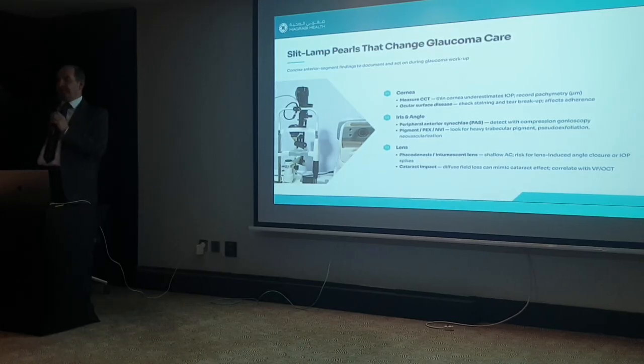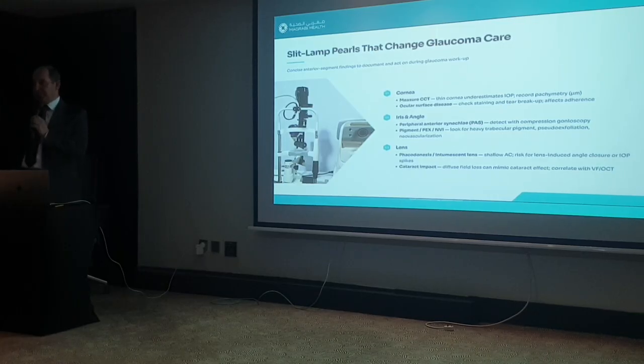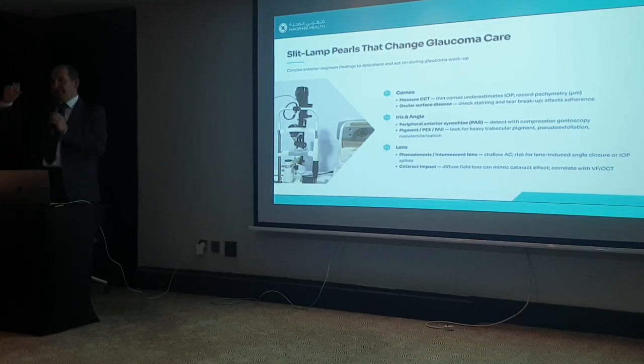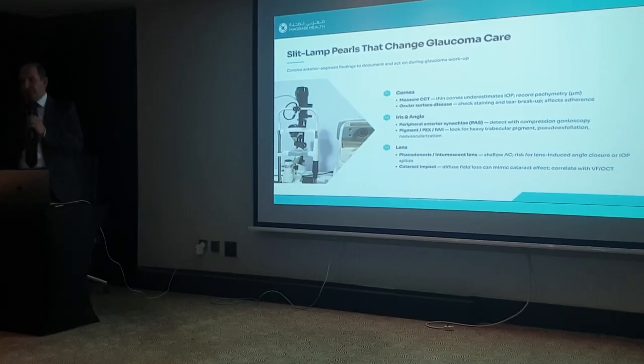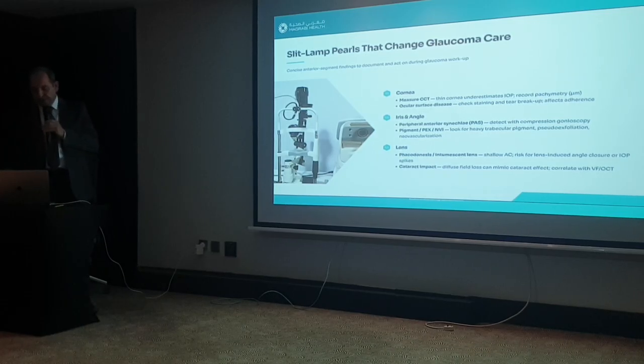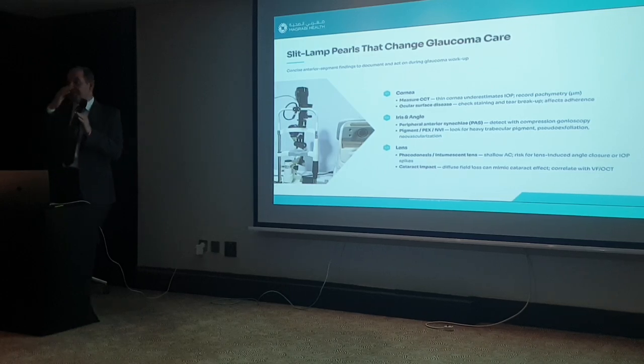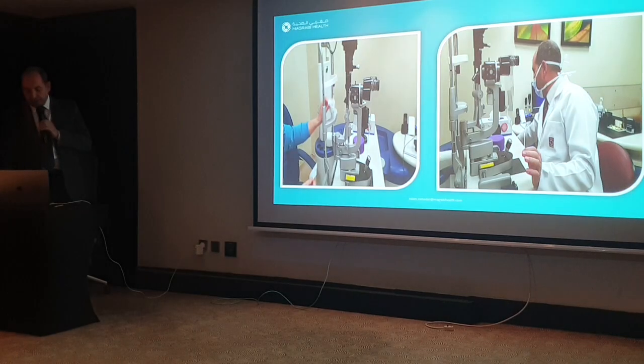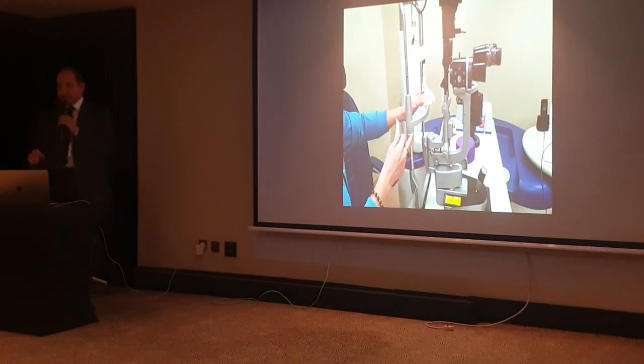Go to lower magnification, examine the eyelids, then the cornea, anterior segment, iris, lens, then fundus, and then the gonioscopy, if you can do it. If you can see through the narrow pupil, it's good. If not, you have to dilate. So this is our routine.